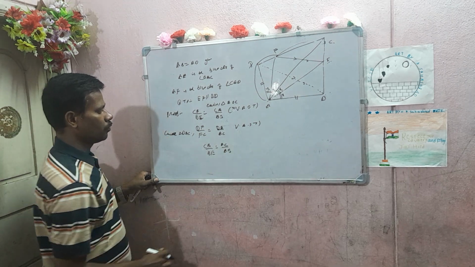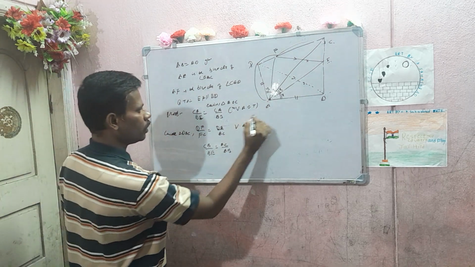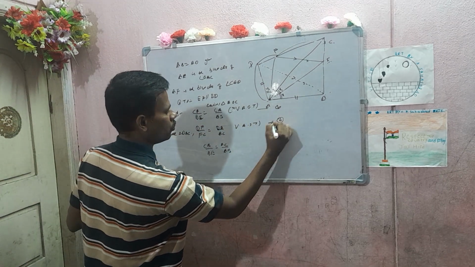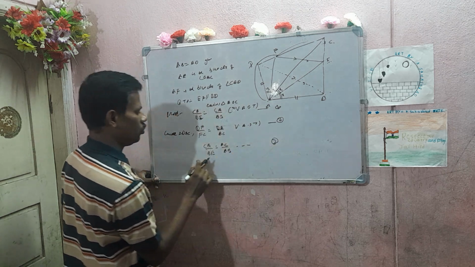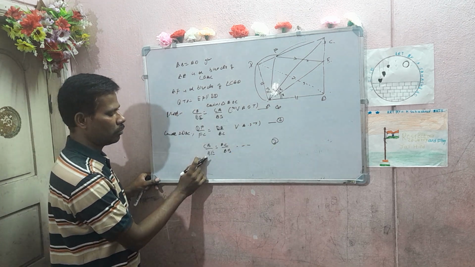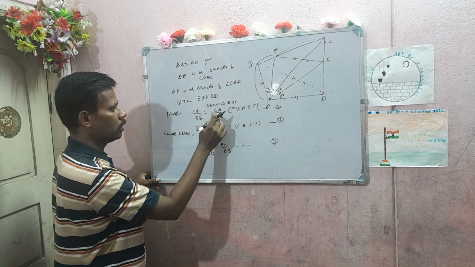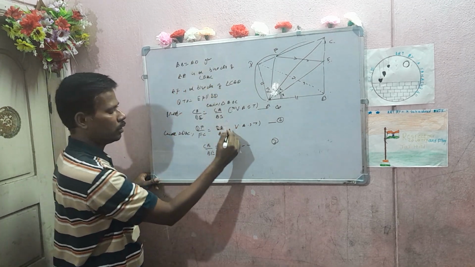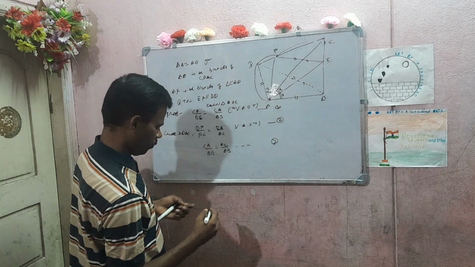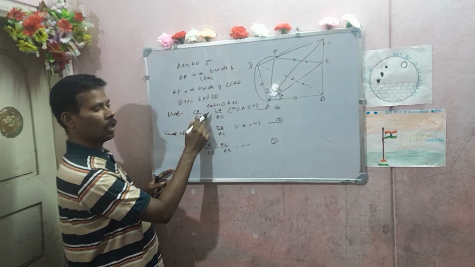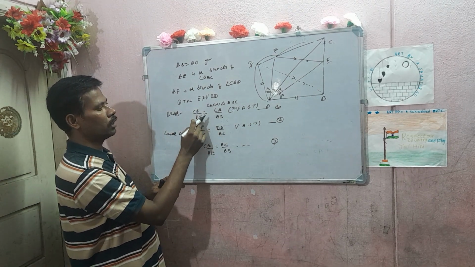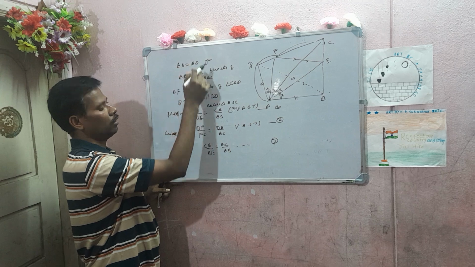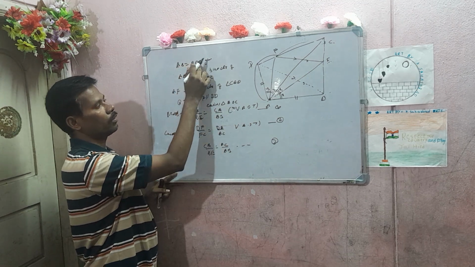Next. Mark this as 1, mark this as 2, mark this as 3. So why have you written like this? CE by BE is equal to AC by AB. Because here it is given, no? AB is nothing but AD. I got like this. Then what I did is, in place of AB, I have written AD.